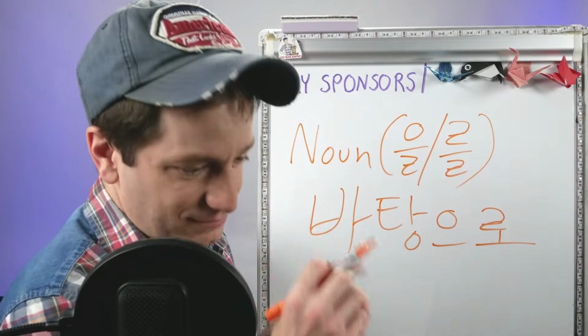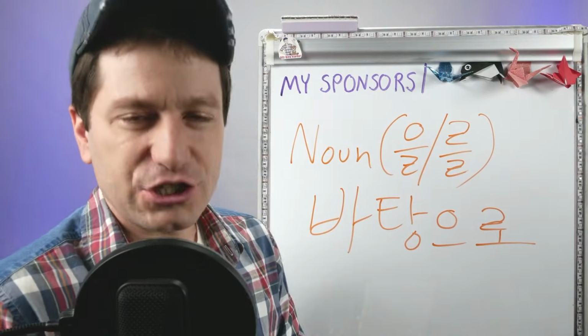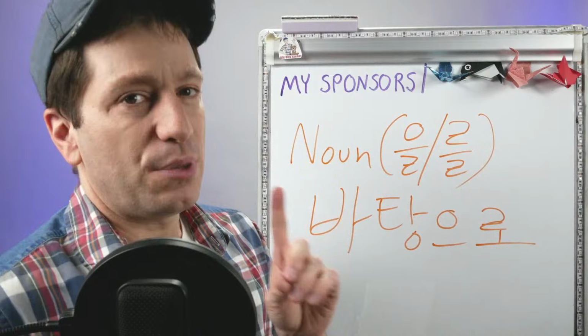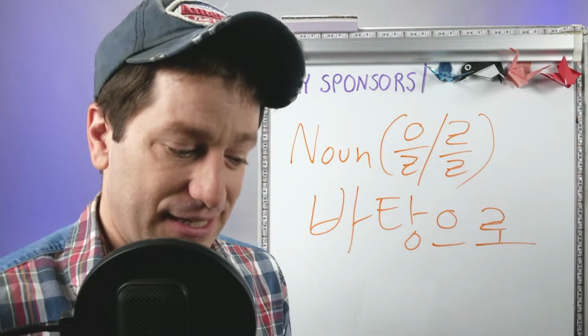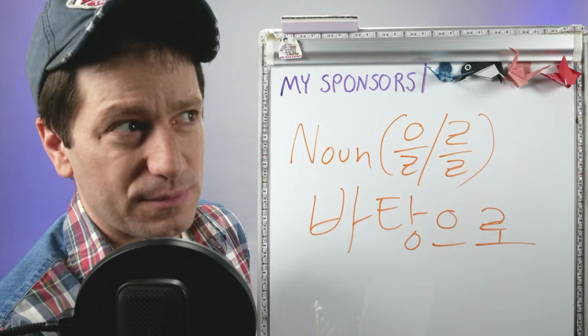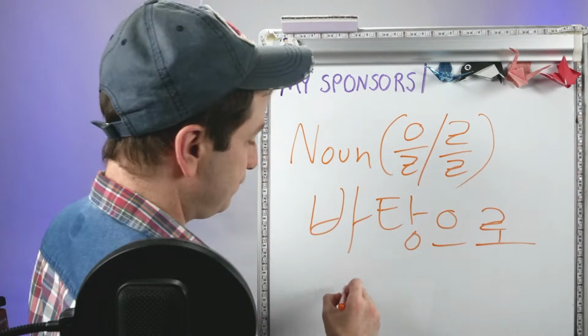Now, I have one more note for you if you are actually at an advanced level. If you're not, don't worry about this note. But technically, there is something that's hiding in this grammar form that is optional and usually does not appear.